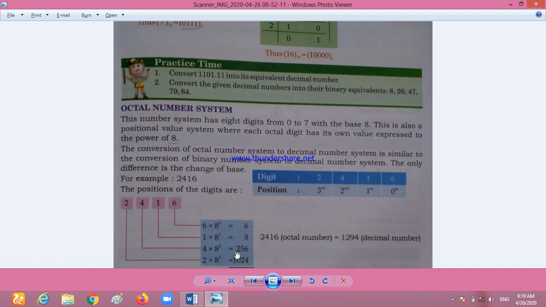Anything with the power of 0 gives 1, so 1 into 6 equals 6. Then 8 into 1 is 8. 8 squared is 64, into 4 it's 256. 8 cubed is 512, then 512 multiplied by 2 is 1024.